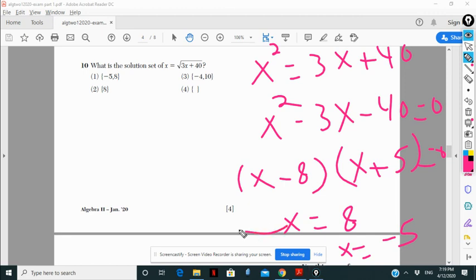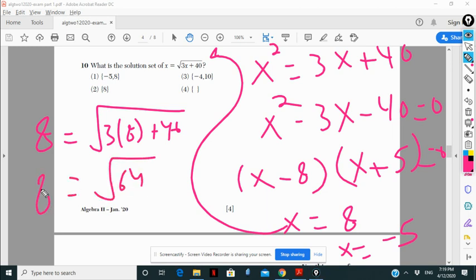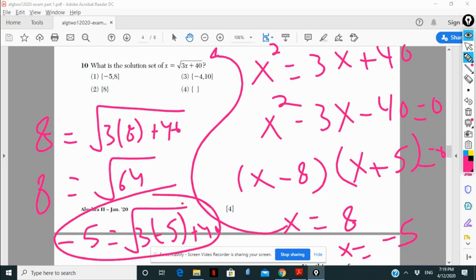So I'm plugging in. If I plug in 8, 8 equals the square root of 3 times 8 plus 40, so radical 64 equals 8. That's correct. Now negative 5 equals the square root of 3 times negative 5 plus 40. To be a function, the radical can't give me a negative. So this one is incorrect. I'm picking 2 only.